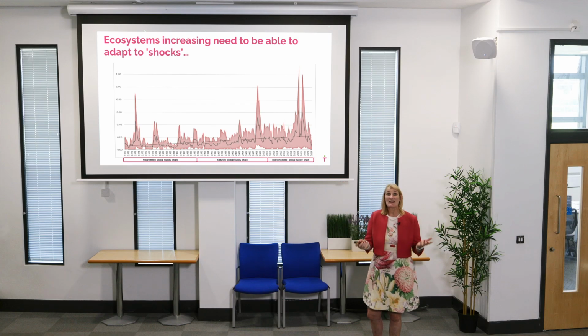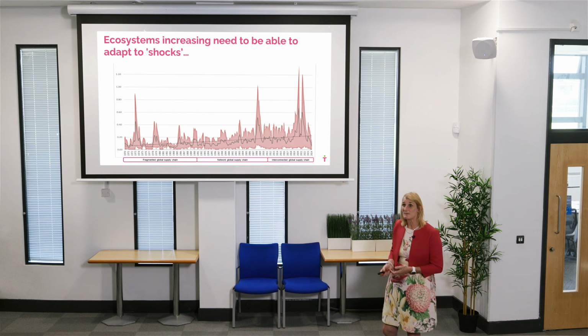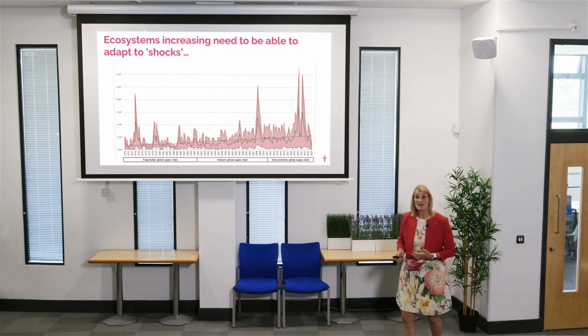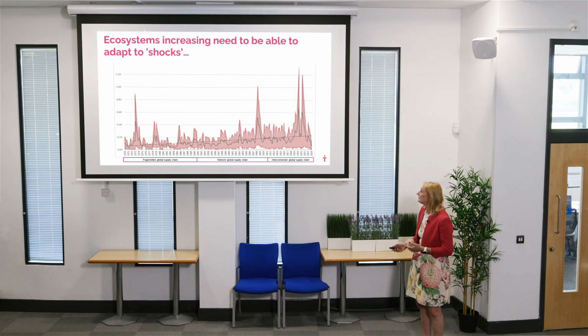So what we can see more recently is an increase in both the magnitude, so size, and frequency of those shocks. All this really tells us is that we need supply chains that can be adaptable to shocks, and that could be bigger and actually happen more frequently.